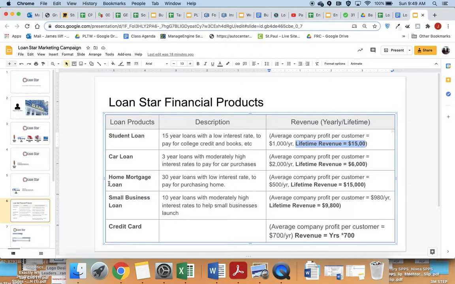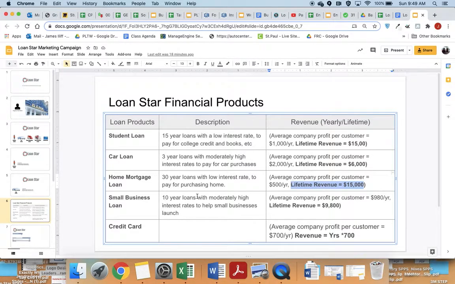Well, let's look at the home mortgage. Remember, we said home mortgage is a 30-year loan, and the average yearly revenue is $500. Okay, well, if you take 500 times 30 years, you're going to get $15,000 of lifetime revenue.